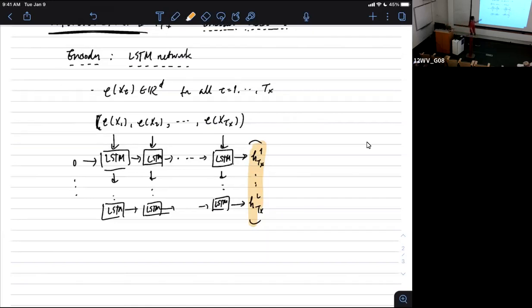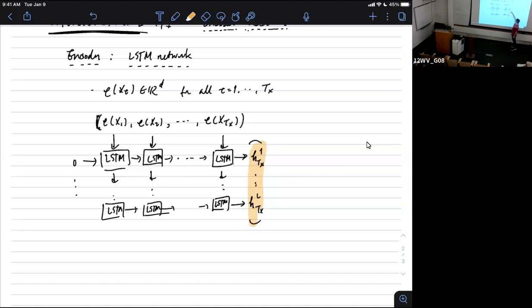So what this encoder did was to read the first word, get the hidden state, and then given that, read the second word, get the hidden state. And if you recall from our recurrent language model lecture, these things are essentially summarizing the source sentence one word at a time, while preserving, in order to maximize, the amount of information that is preserved from the source sentence, in order to maximize the quality of predicting the translation.